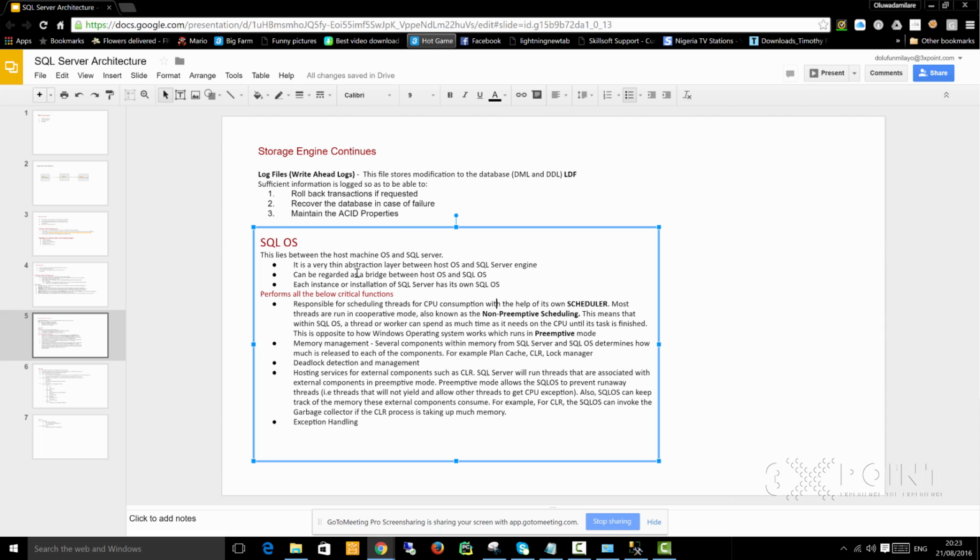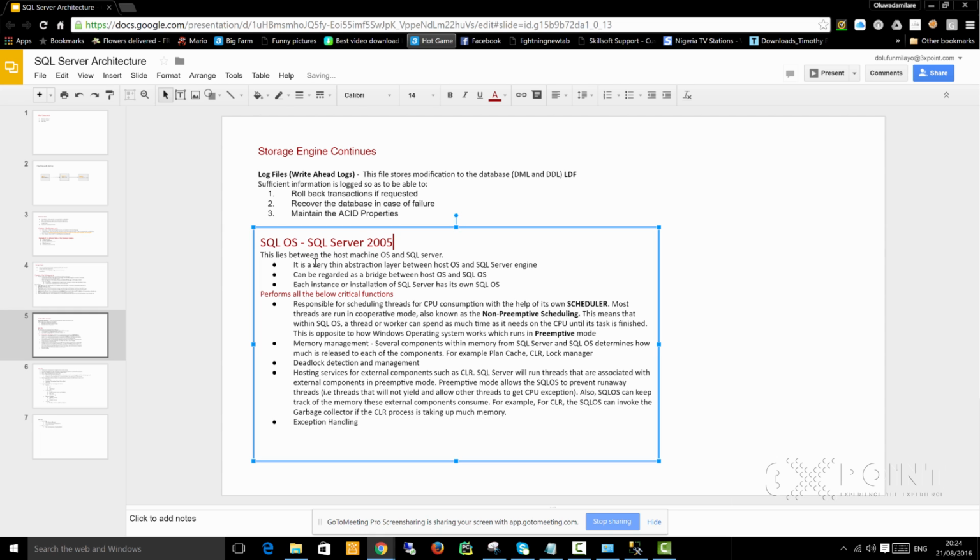So finally, about SQL Server's architecture is the SQL OS. Now this is also new. This SQL OS was actually introduced in 2005, and it's part of the maturity we're talking about. SQL Server is getting mature every day.